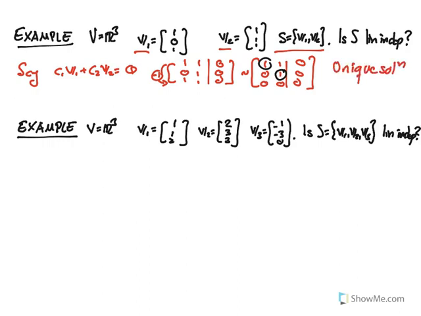The only way to have this be true is if both C1 and C2 are 0. So this is a linearly dependent set. Did I say dependent? I meant to say linearly independent set. All right, so let's go to the next example.